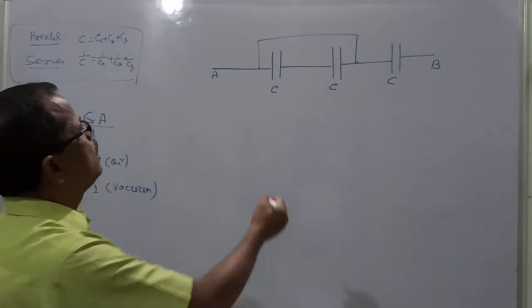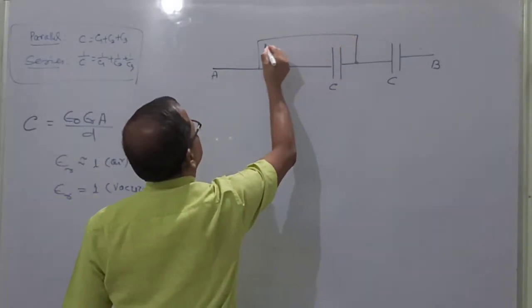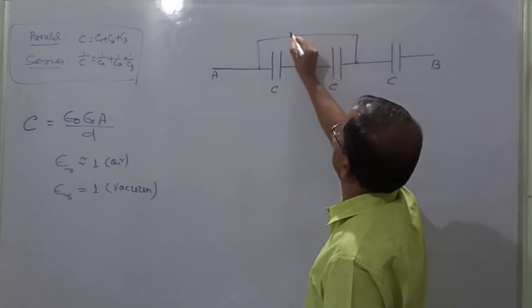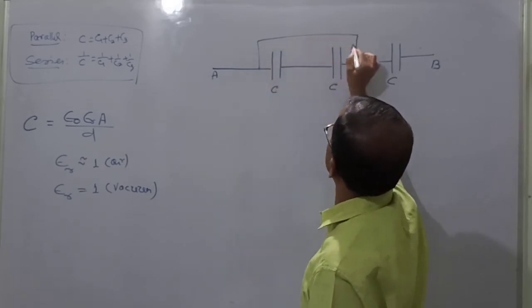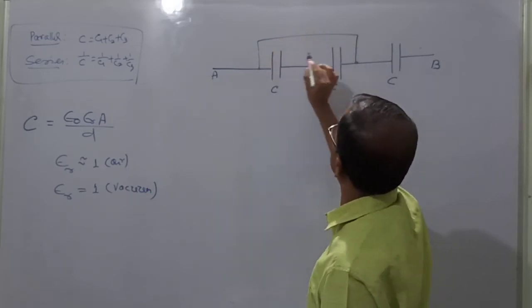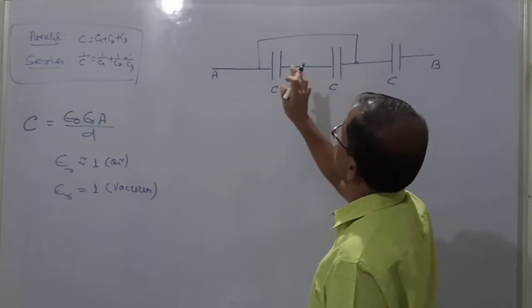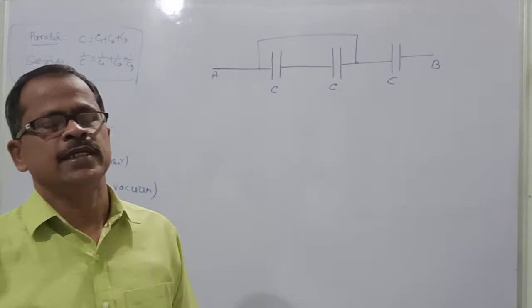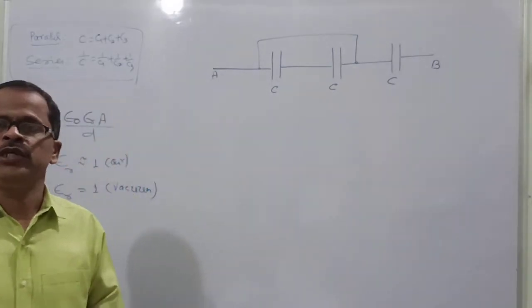Here the top line is called a short circuit. This connection, a wire connected between these two points, means these two points are short circuited. I have to understand what the meaning of short circuit is.